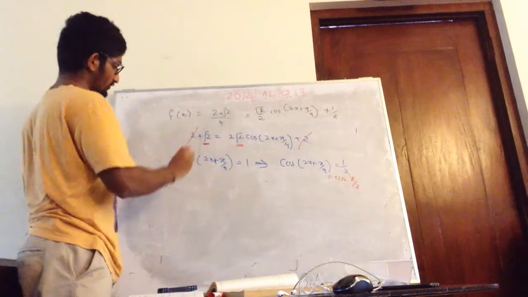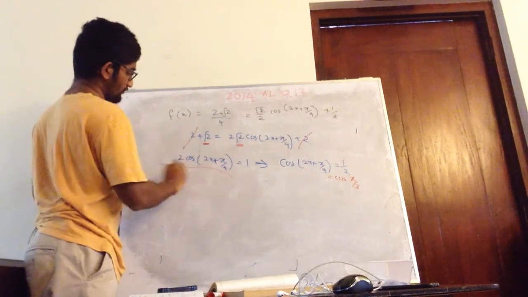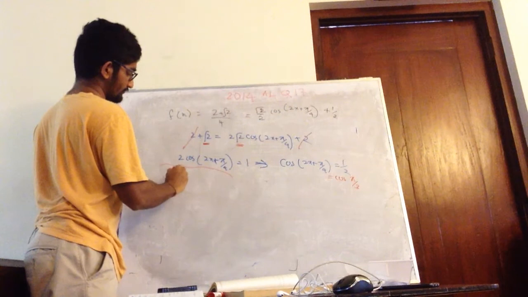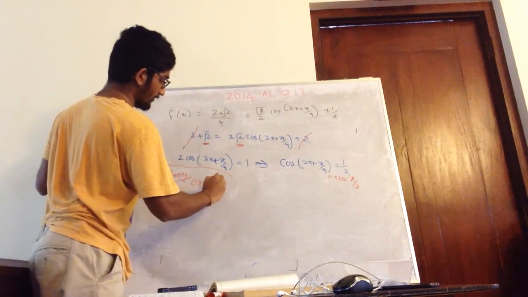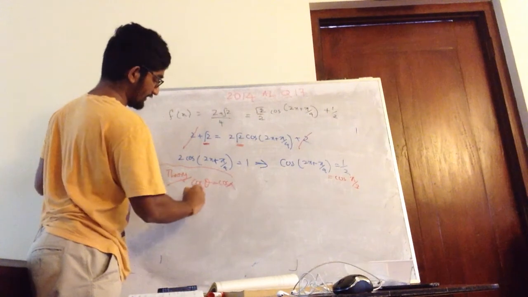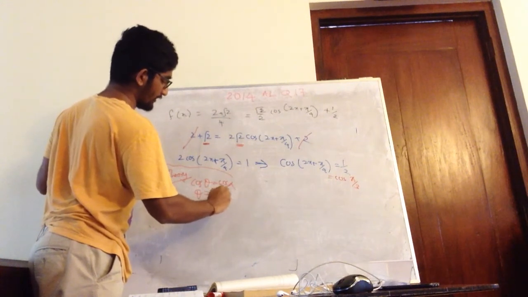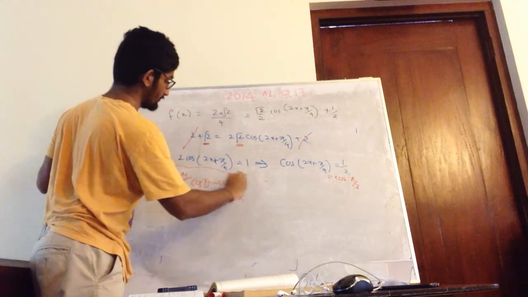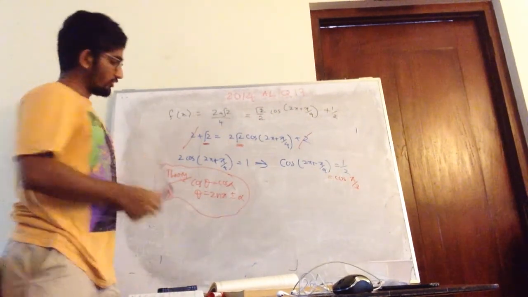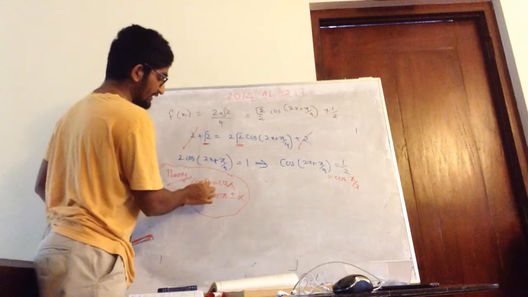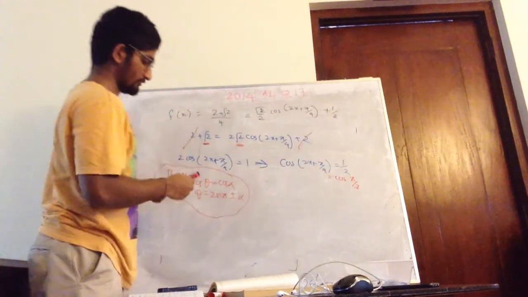So now if I remind you the theory, that is cos θ equals cos α. Theta will be 2nπ plus or minus α. So now here the theta part is this.